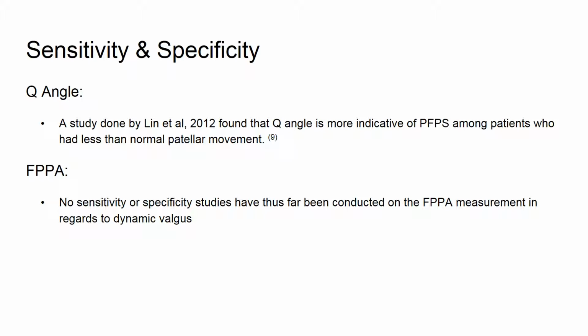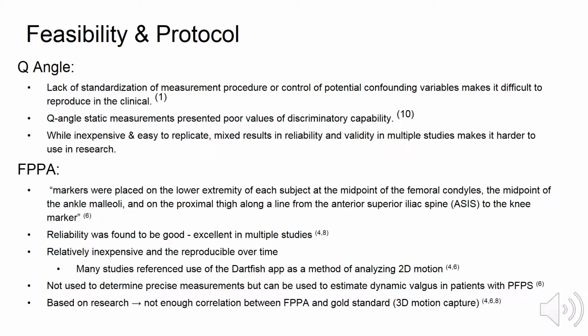So for sensitivity and specificity, there haven't been many research studies done, but one study done by Lin in 2012 did find that the Q angle is more indicative of patellofemoral pain syndrome among patients who had less than normal patellar movement. And after an extensive search, no sensitivity or specificity studies or values have been conducted on the FPPA measurements.